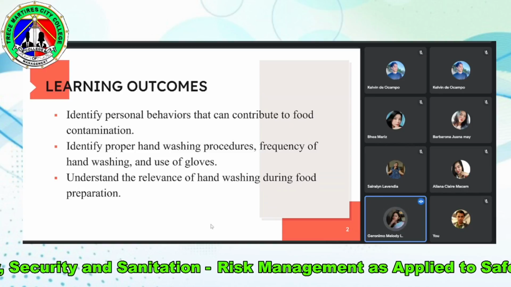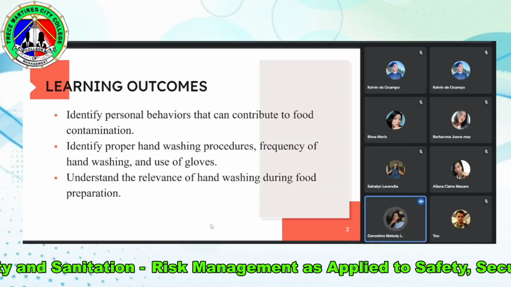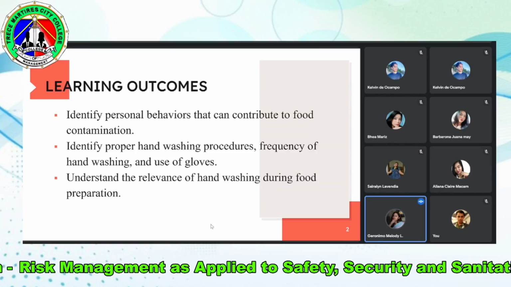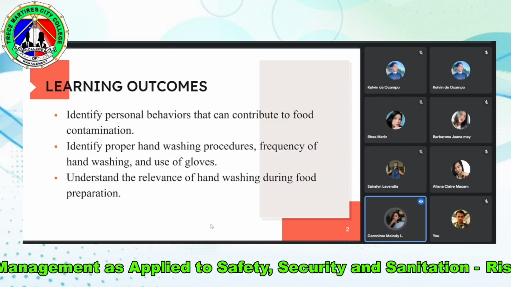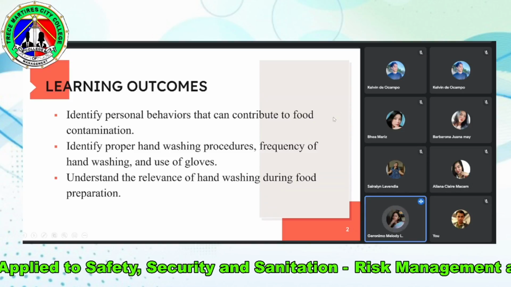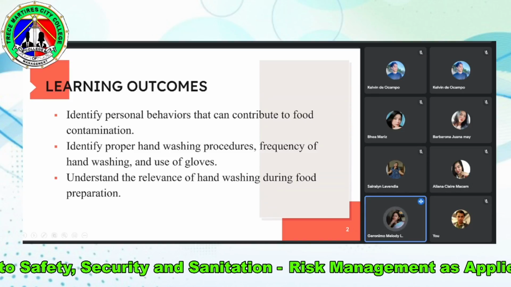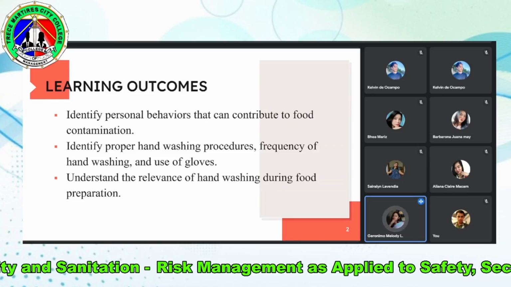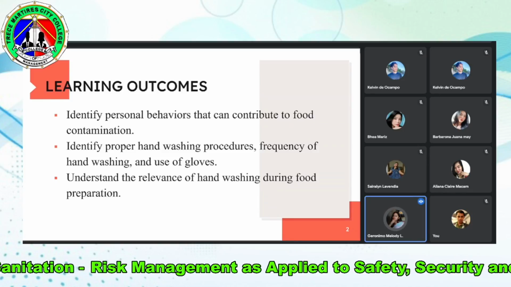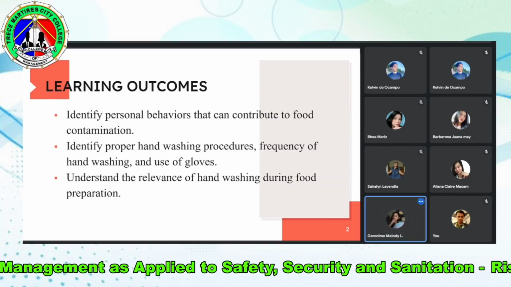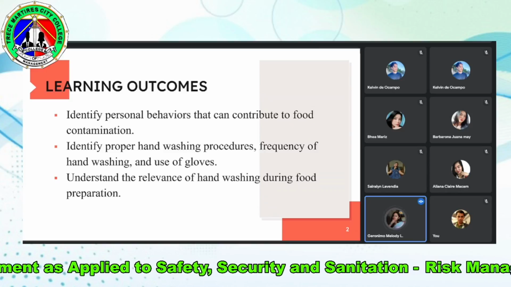Atin din pong malalaman kung paano ang tamang paghuhugas ng kamay, kung gaano kadalas dapat maghugas ng kamay, at kung paano ang tamang pagsuot ng gloves. And lastly, we will understand the relevance of hand washing during food preparation. Dito din po natin malalaman kung ano ang kaugnayan ng paghuhugas ng kamay sa paghahanda ng pagkain. So next po.